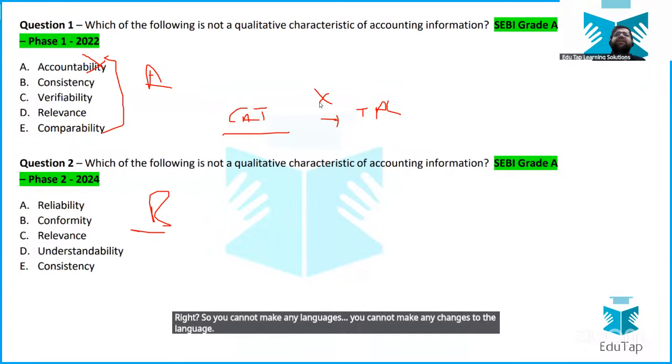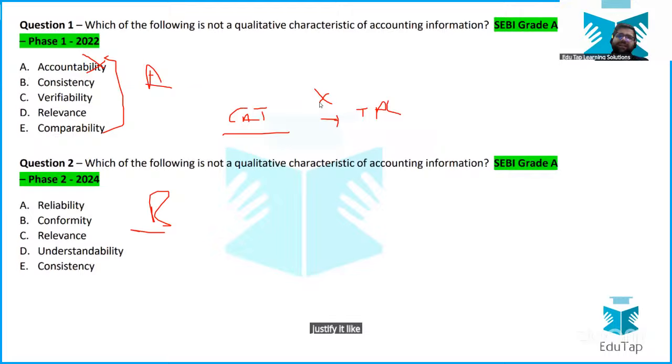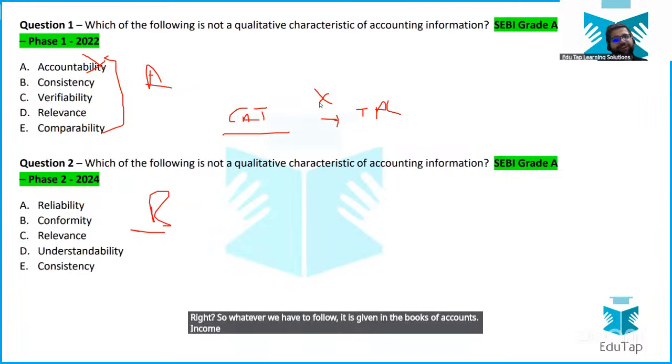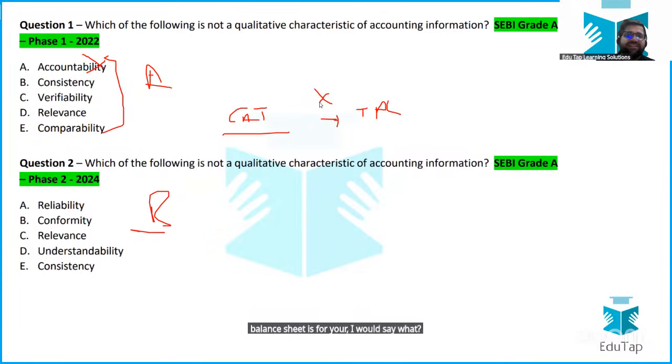So you have to justify it like this only: the income statement is for profit and losses only. You cannot change it unless you give your own theory. Whatever we have to follow is given in the books of accounts. The income statement is for profit and losses. The balance sheet is for assets and liabilities. You cannot change it. As simple as that.